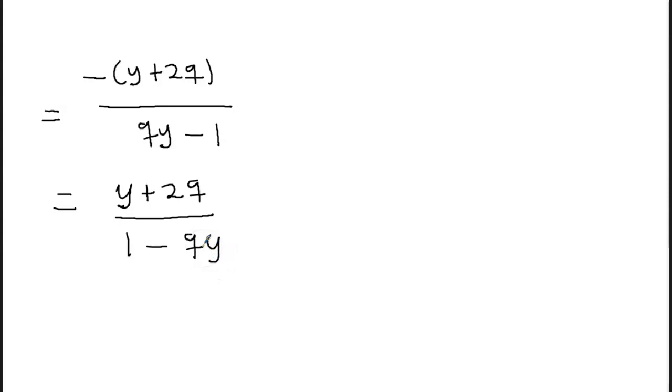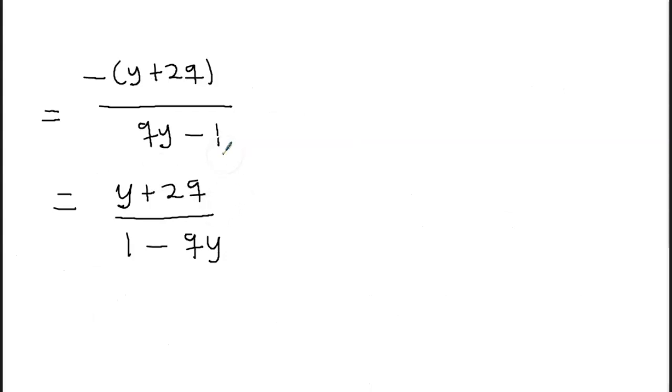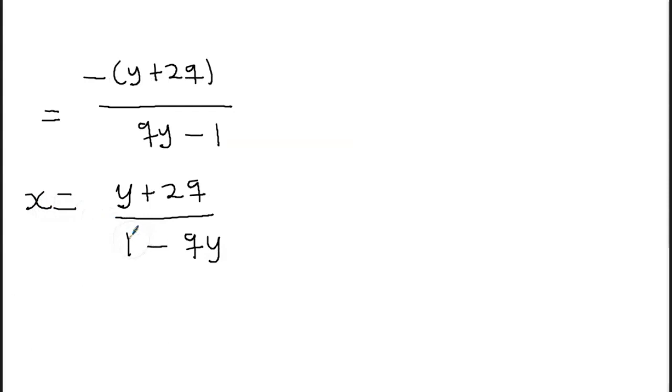I'm doing this for the sake of objectives where you have options. So these are the 3 forms that you can write the answer. In case the first answer is not in the options, you can rewrite it this way. If this one too is not in the options, you can go to the third one. So your x becomes y plus 2Q over 1 minus Qy.